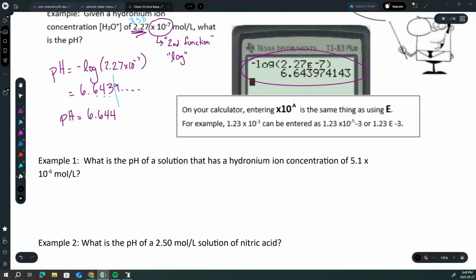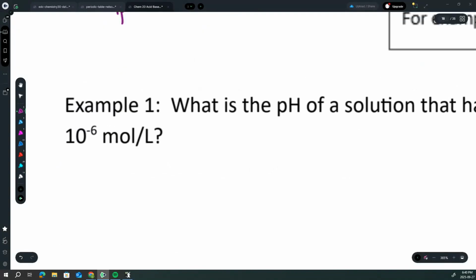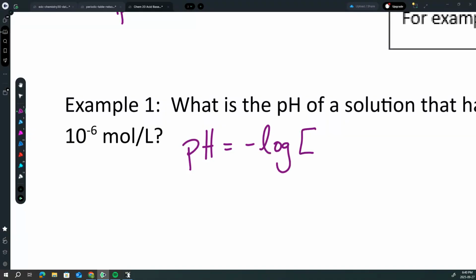All right, so example 1. What is the pH of a solution that has a hydronium ion concentration of 5.1 times 10 to the negative 6? First things first, always write out your formula. So pH is equal to negative log concentration of hydronium. Then we're going to plug in our value.